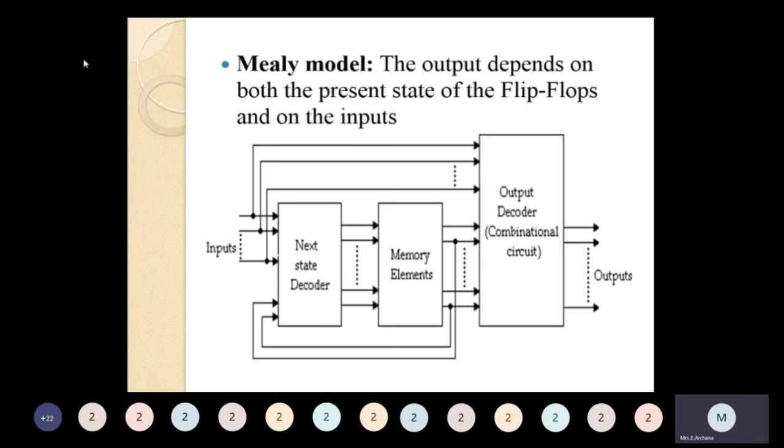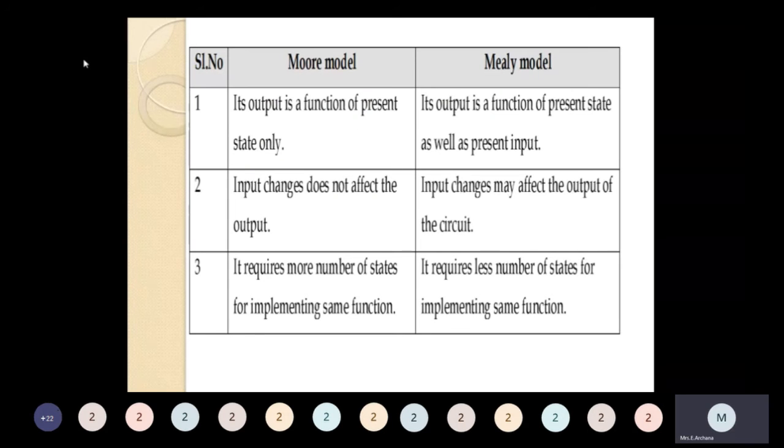In the Mealy model, when we see this diagram, the output depends on the input and also the output of the memory element. So we can say the output depends on inputs and also the present state of the flip-flop. That is called a Mealy model.